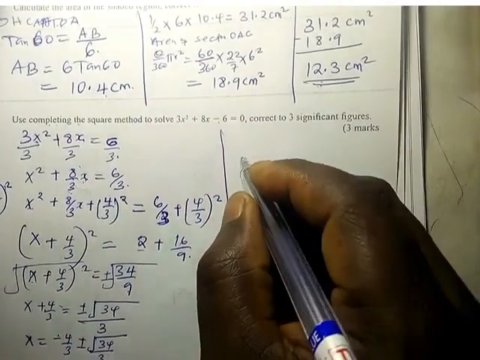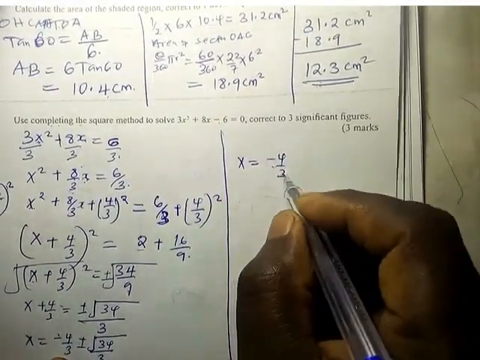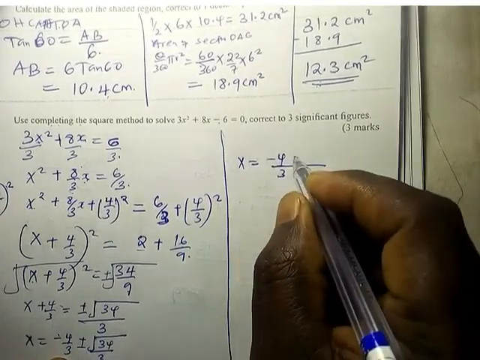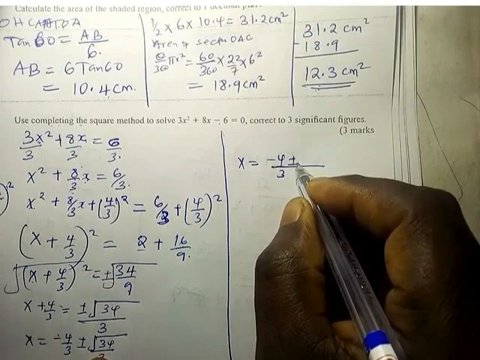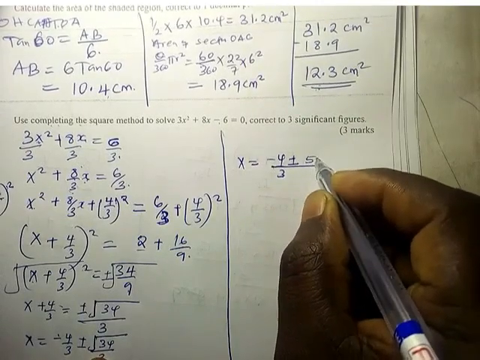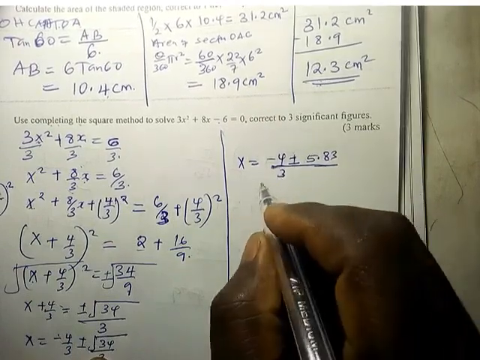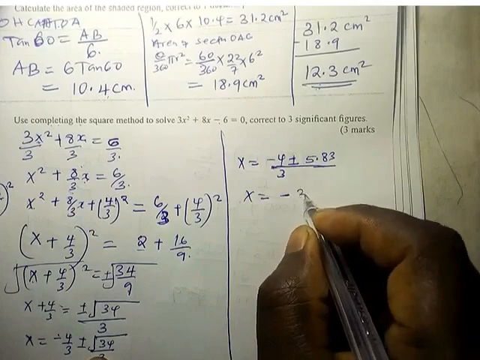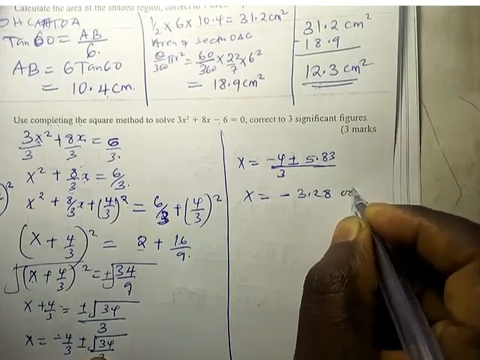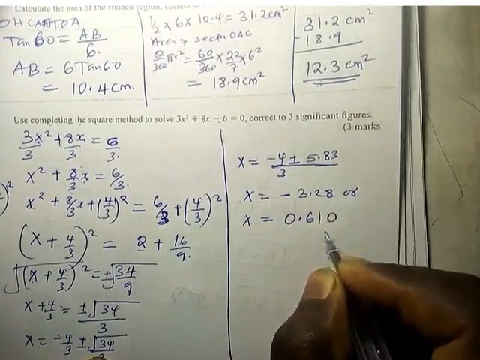So x is equal to negative 4 over 3 plus or minus 34 square root is 5.83. So the value of x now is equal to negative 3.28, or x is equal to 0.610.